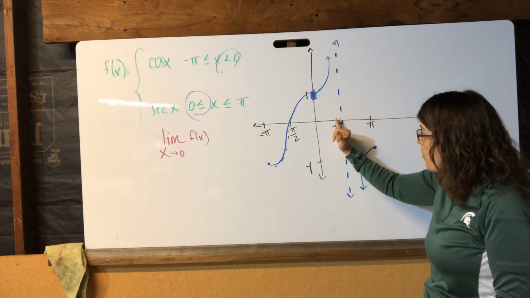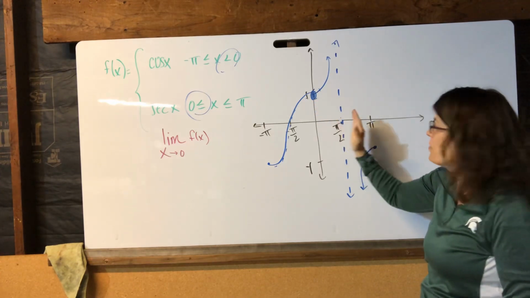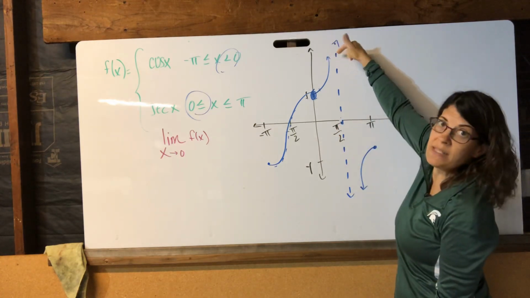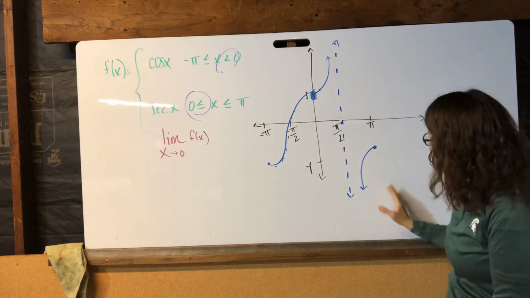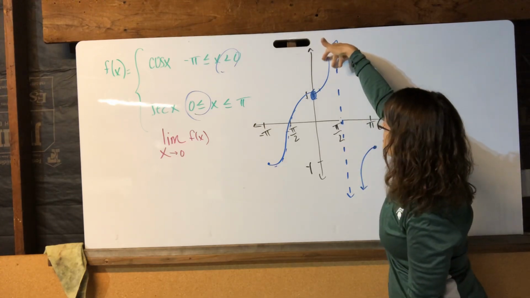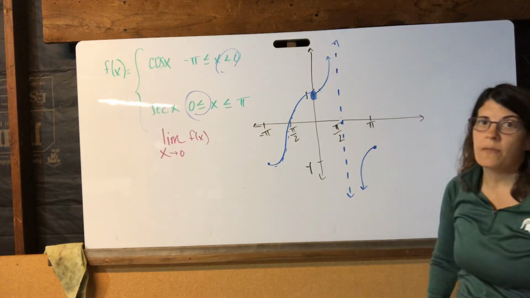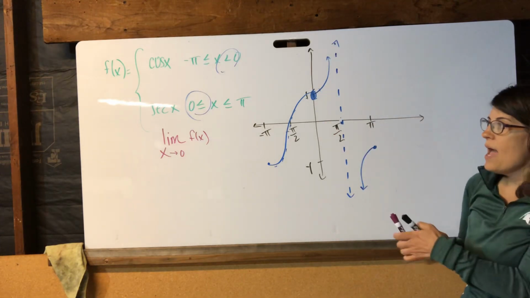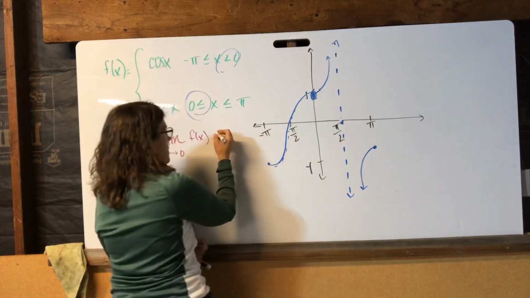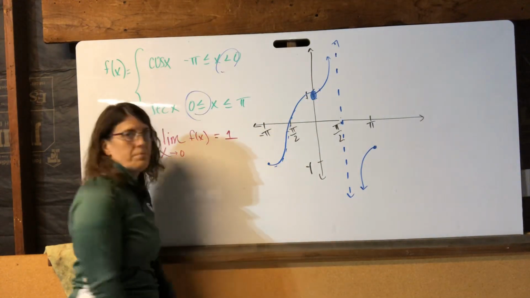I got pi over 4, pi over 6, pi over 12, whatever. I am now up on this part of my secant curve. So I think of it like I kind of jumped. I was on this part of my curve, I hopped over the asymptote, I'm here, and I'm going down, and I'm approaching 1. So the limit as x approaches 0 of this function is 1.